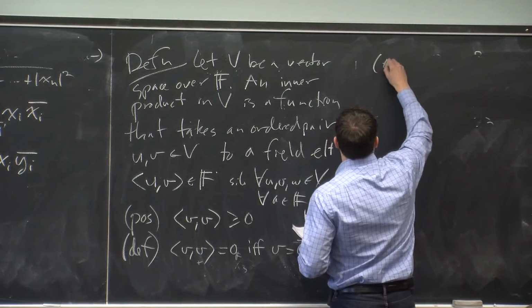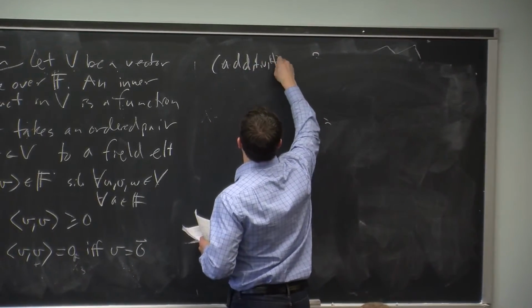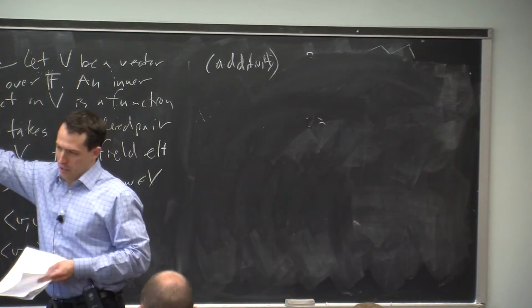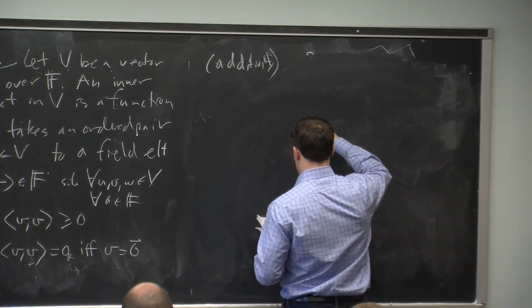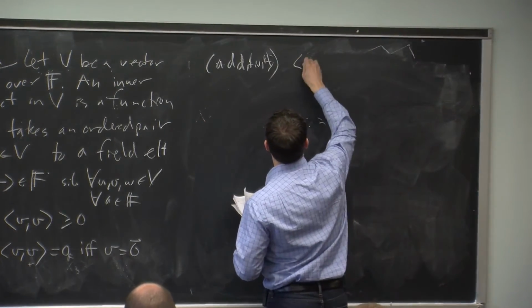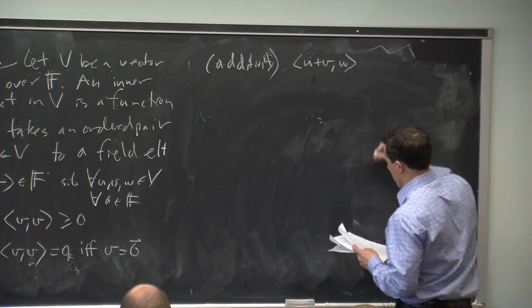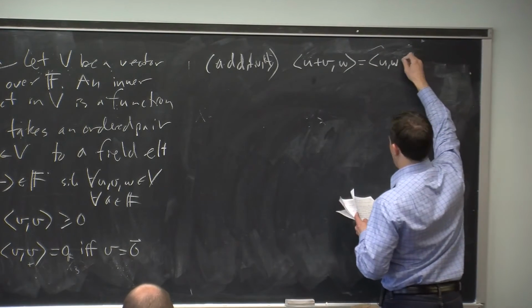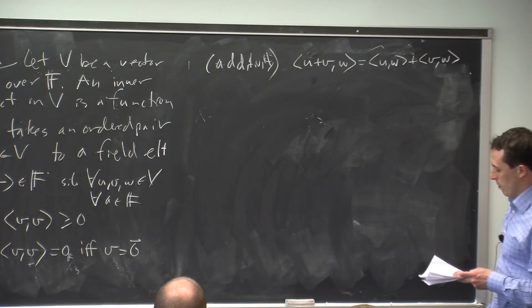We have a couple of other things. We want linearity, or as close as we can get to linearity. We're going to be pretty close to linearity except for this issue. So additivity is fine. That is, we want the inner product of u plus v with w to equal the inner product of u with w plus the inner product of v with w.